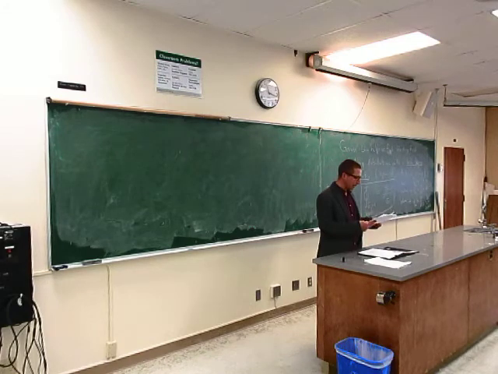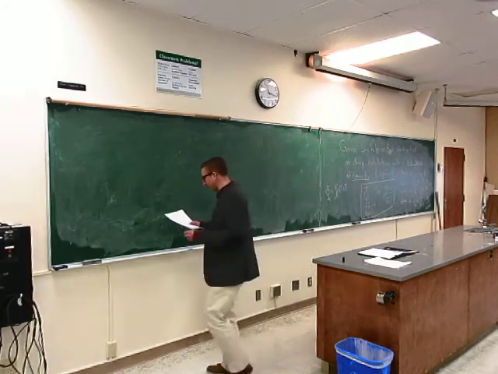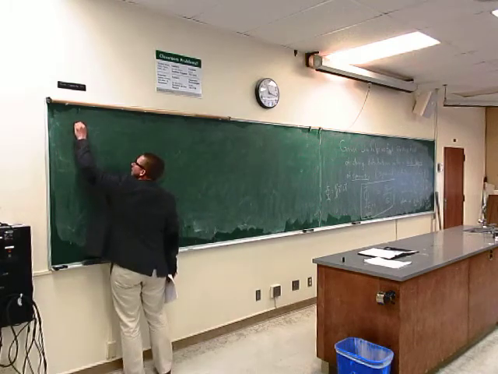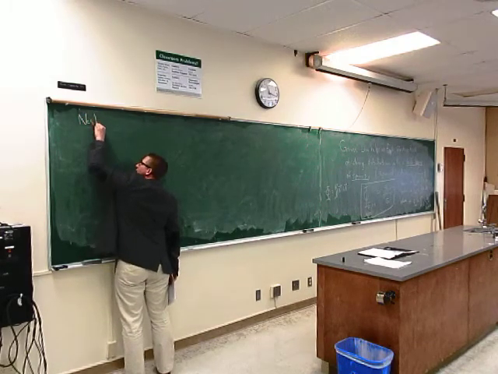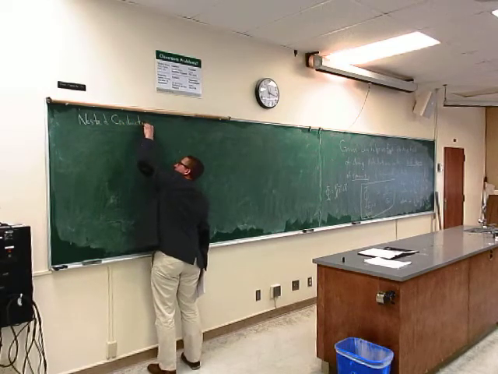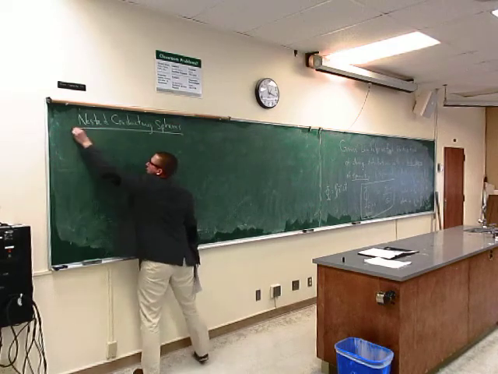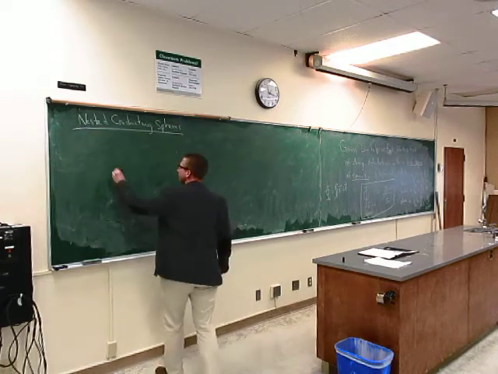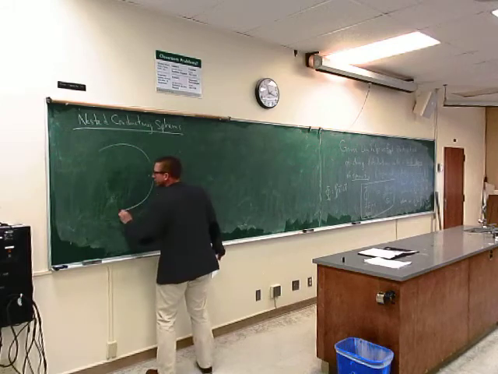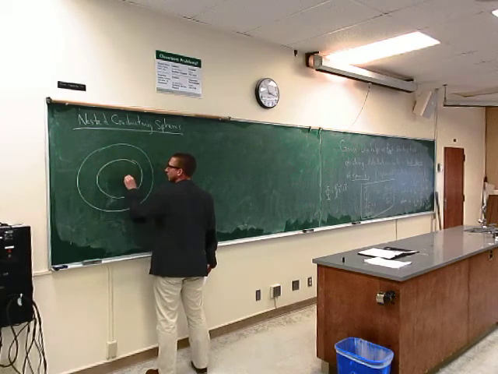So let's look at a simple example here, continuing on with spherical symmetry. Let's look at nested conducting spheres. Let's say I have a big sphere and it has a thickness to it.